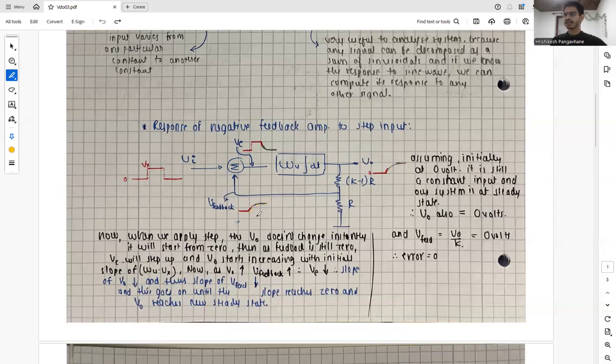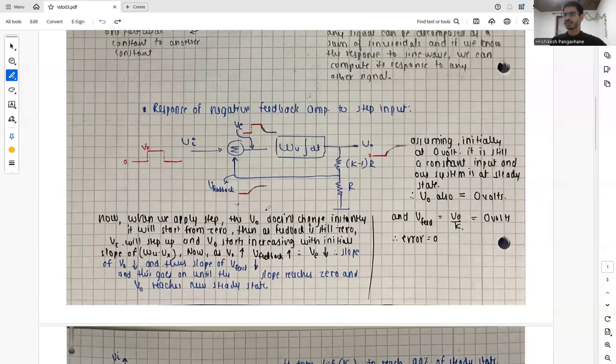This goes on until the slope reaches 0 asymptotically, and V naught reaches the new steady state. So this is how the system will behave to our step input.